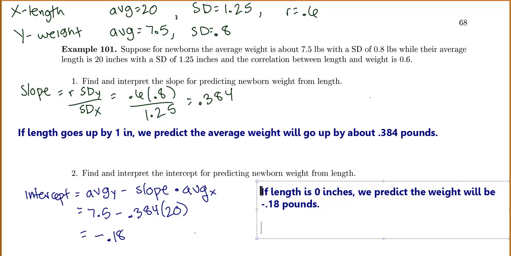You notice this is not a logical intercept, which is okay. That doesn't mean it's wrong. It's just the best fit, the intercept that makes our line fit the data the best, but it's not very logical. First of all, you're never going to have a baby that has a length of 0 inches. And secondly, their weight's not going to be negative. So obviously this one is not logical.